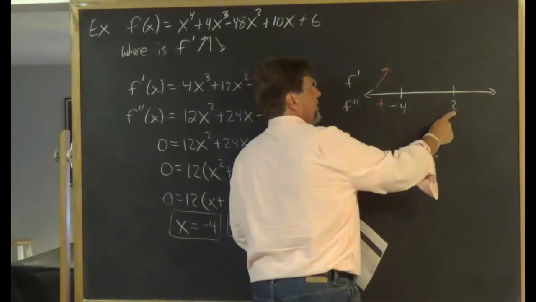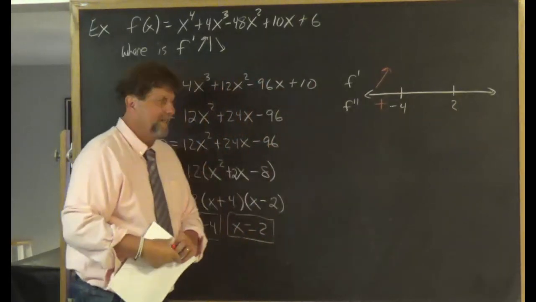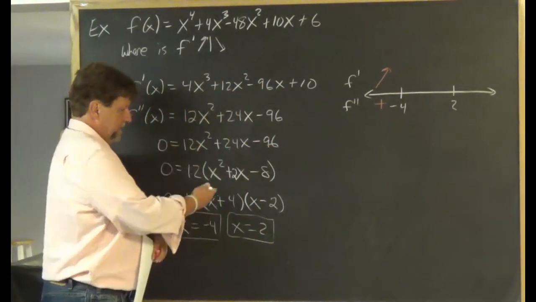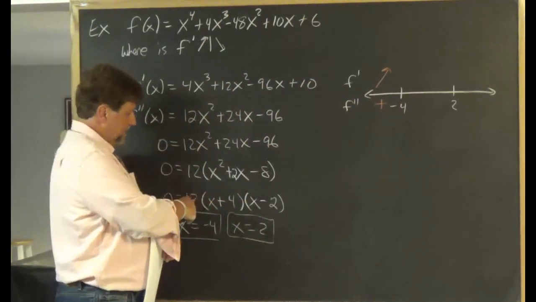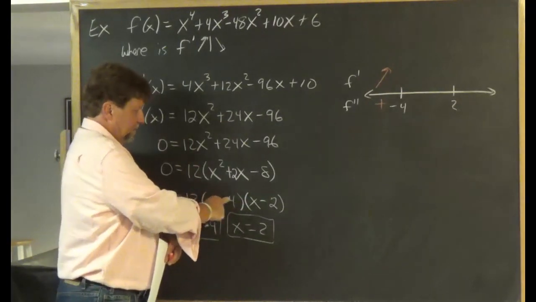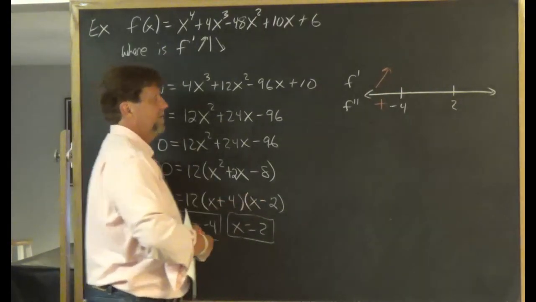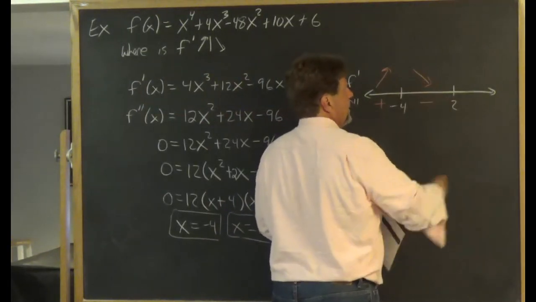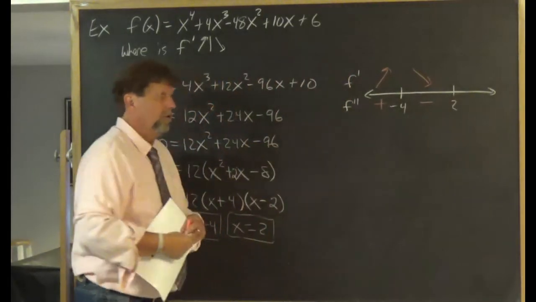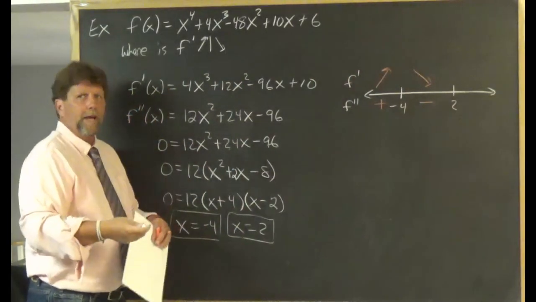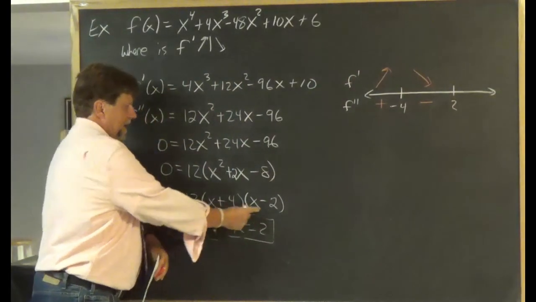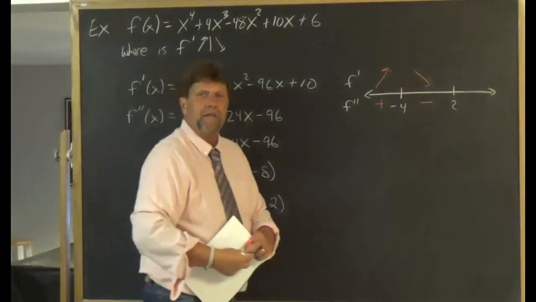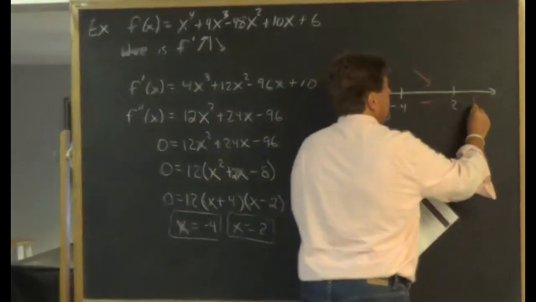In the interval negative 4 to 2, I would pick 0. When I put 0 in for the x's, I'd have a positive times negative times negative, no, positive times positive times negative. That's negative, decreasing. And then out in the interval 2 to infinity, I would pick 3. Positive, positive, positive. So positive times positive times positive is positive.